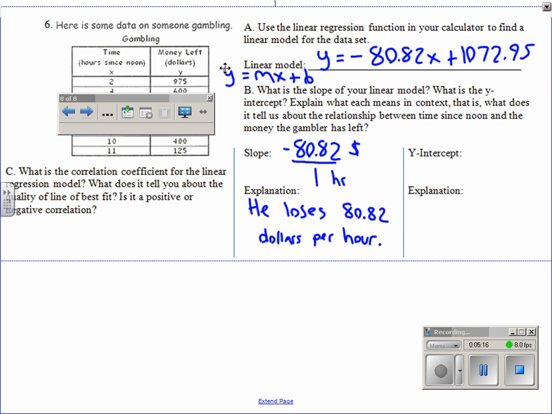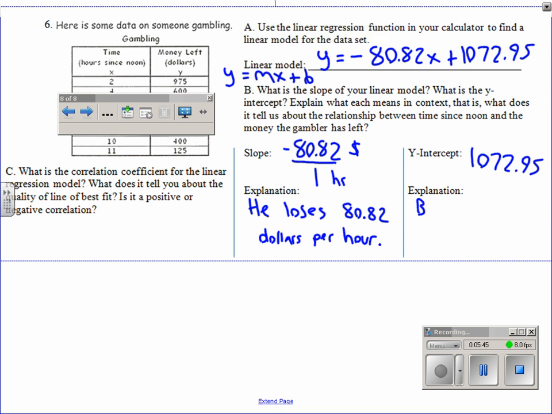The y-intercept is 1072.95, because that's the constant term in our linear function rule, or the b value in y equals mx plus b. So let's explain what that means. Remember, the y-intercept is the value of y when x is 0 along the y-axis. So that means when x is 0, when the time since noon is 0 hours, when he hasn't been gambling at all, that's how much money he had.